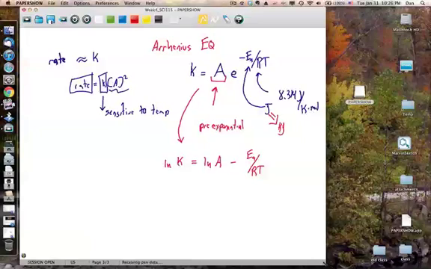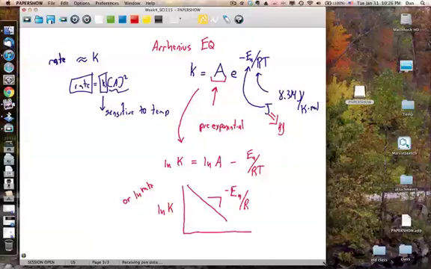And this is a linear form, and that means that we can plot the natural log of k, or the natural log of the rate, and obtain a straight line with a slope of negative Ea over R, if we plot this versus 1 over temperature.